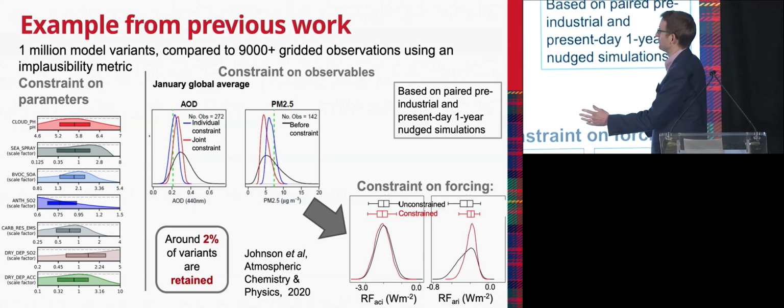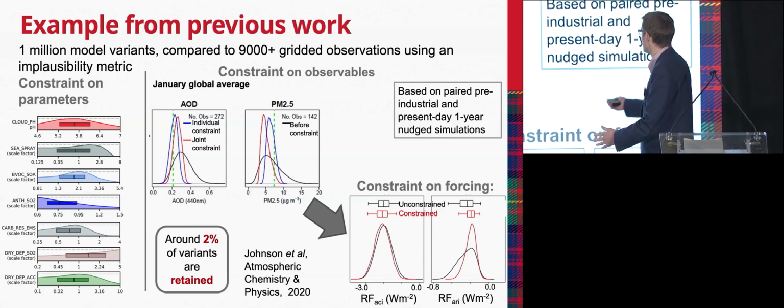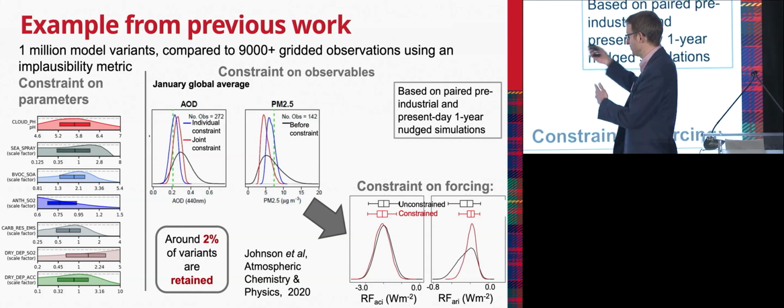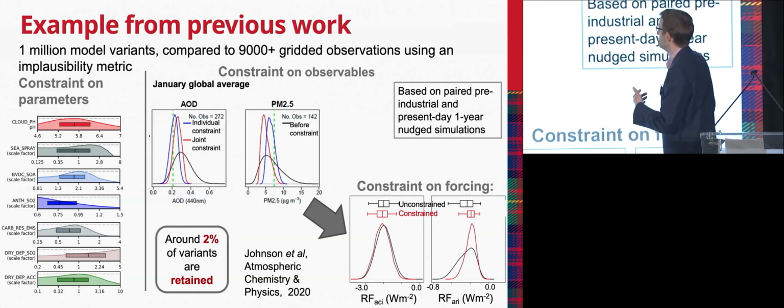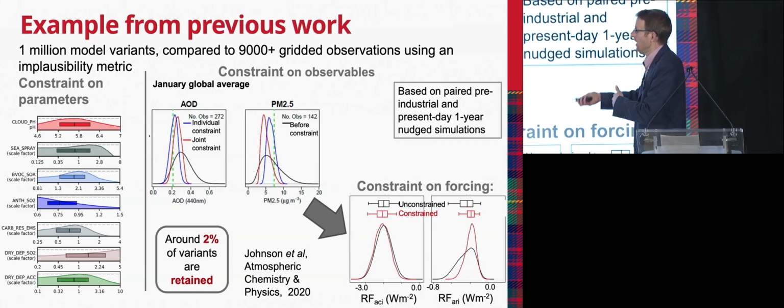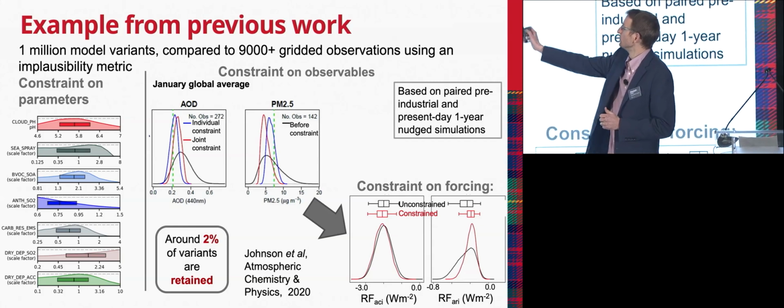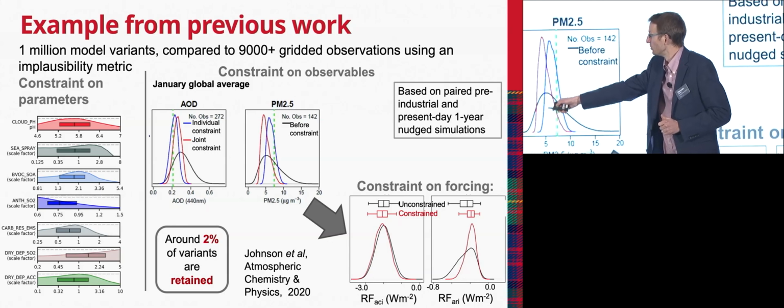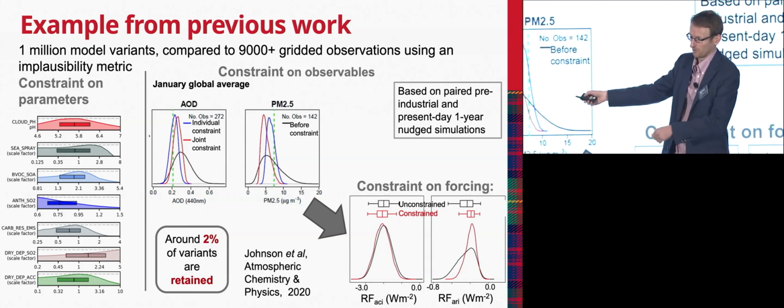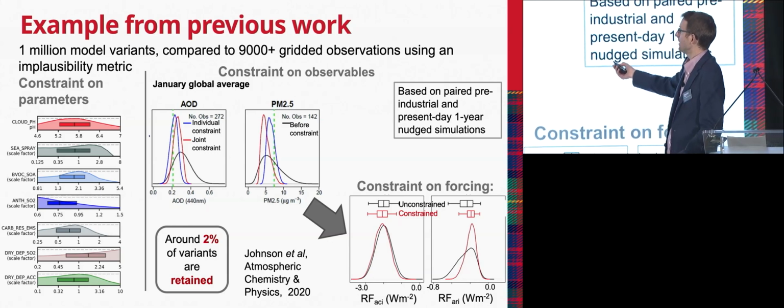And there's a huge amount of scope to improve on this with more diverse observations and more measurements, focusing on different aspects like fires, and that's what we're doing in this C3 project. You can also see uncertainties in the input parameters are constrained as well, but I don't have time to go into those.